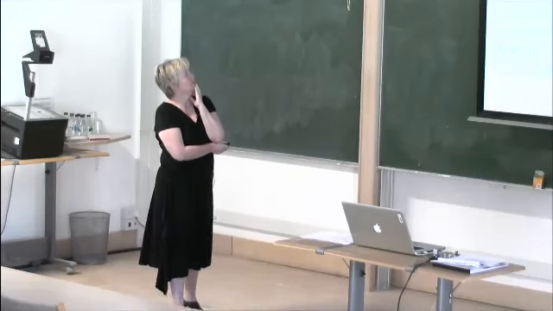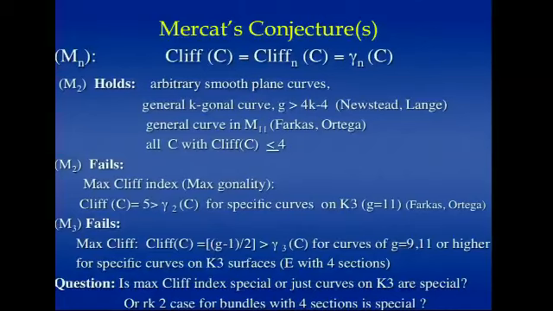Actually it happened after reformulating the definition of Clifford index. Once we reformulated the Clifford index, certain examples came. So for example, if you are on arbitrary smooth plane curves, then this holds. General k-gonal curve.